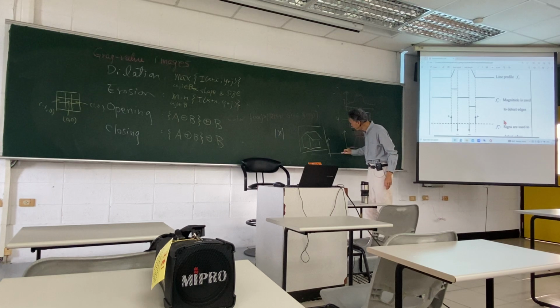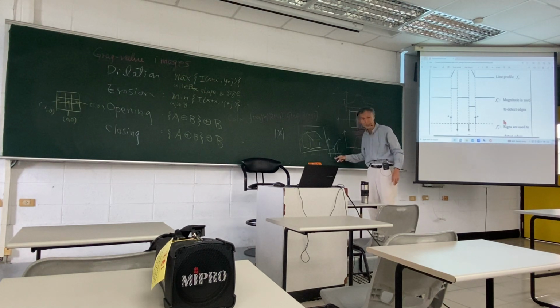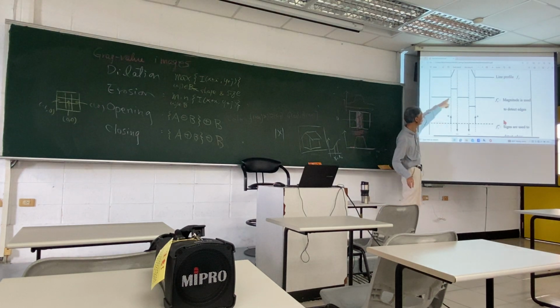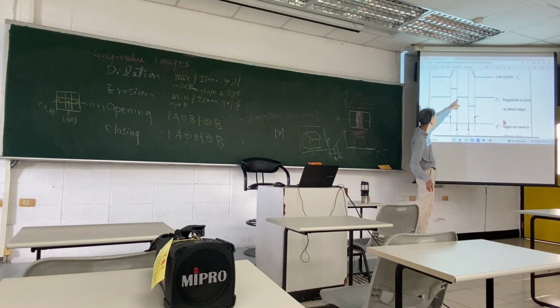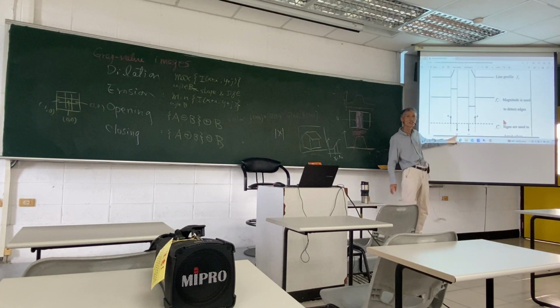If we care about this one, the derivative is x_i minus x_{i-1}. That's it. We just calculate the difference. So this value will be positive, and this value, because this point minus this point, becomes negative.